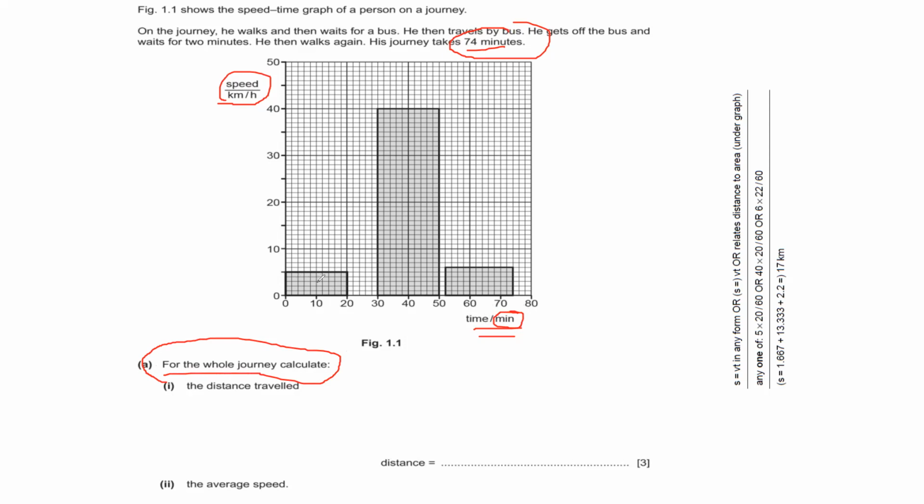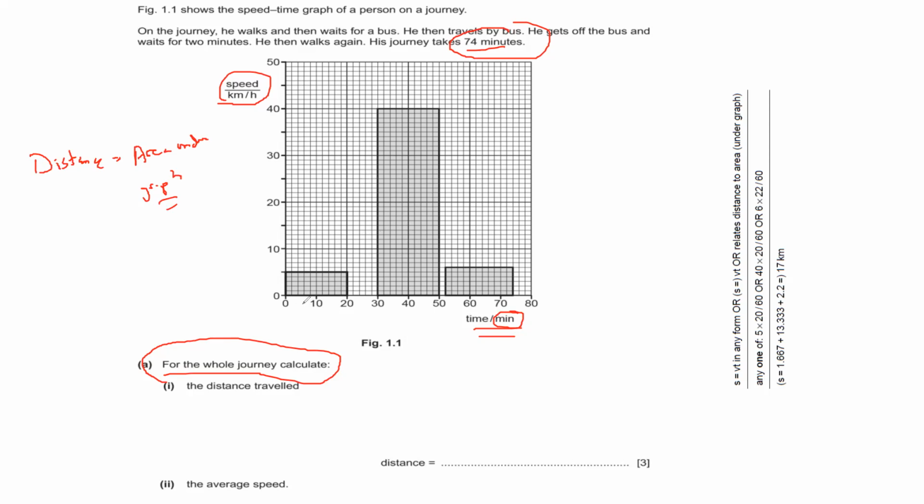When we calculate from a speed time graph, if we want to calculate a distance, the distance is equal to the area under the graph. All of them are making rectangles, so we'll use length into width.